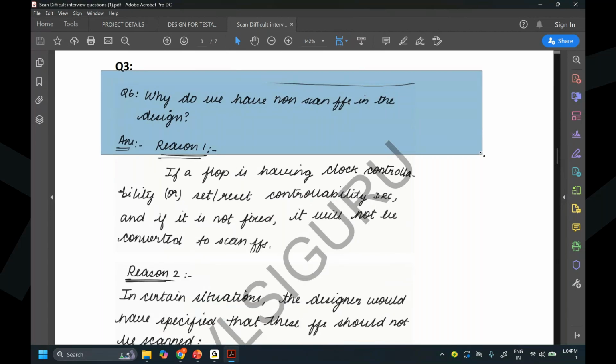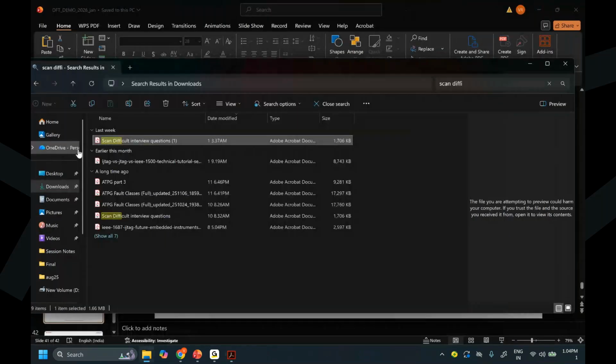Just like for the scan topic, for each and every topic I have collected a list of application-oriented interview questions which previous batch students have faced. We will be covering the questions as well as the answers. We will train you with that, so that if you get similar questions in your interview, you will have an idea of how to tackle them.